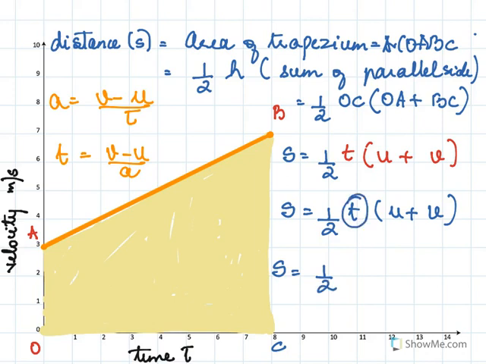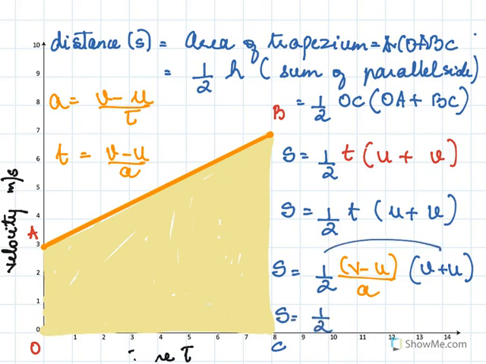For this T, I'm going to put V minus U over A. And this I'll just rearrange, V plus U. Now, if you recollect the formula of A minus B, A plus B is A square minus B square. And that's exactly what we're going to use here. So for V minus U and V plus U, I'm going to put V square minus U square over A.